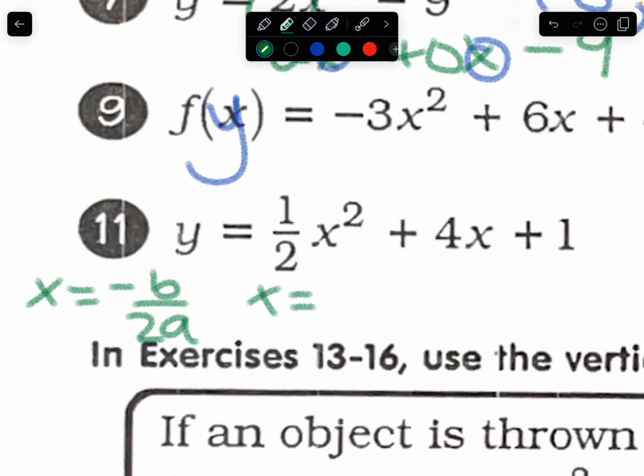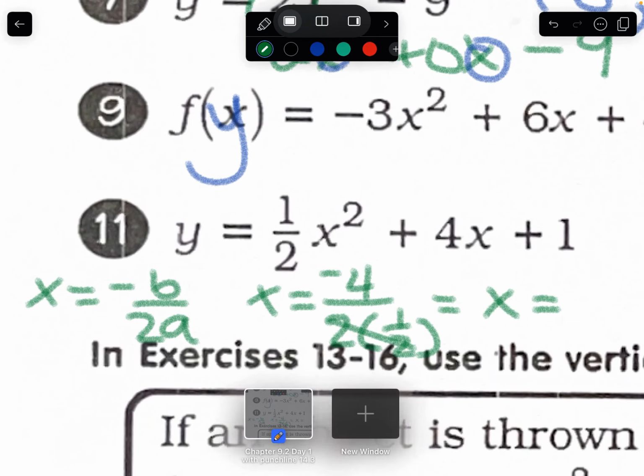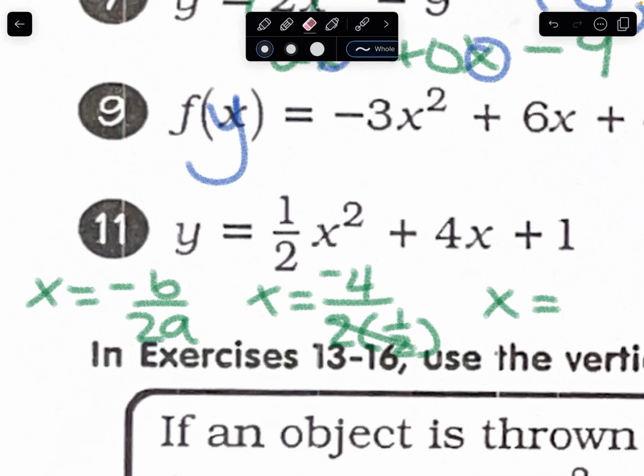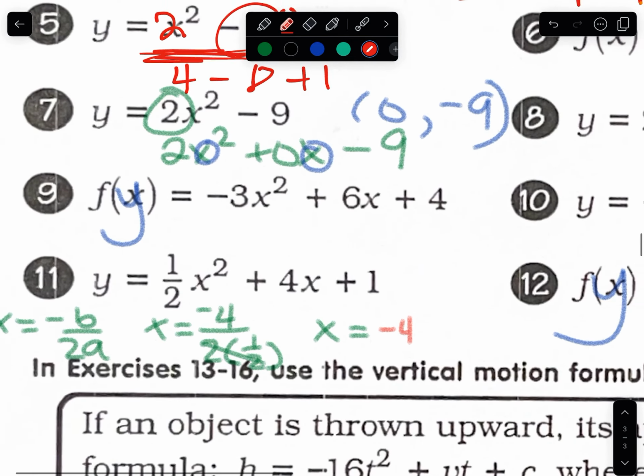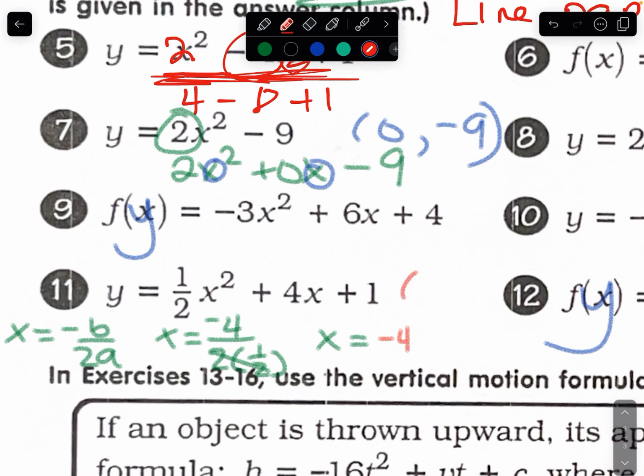So x equals negative 4 over 2 times 1/2, which makes it a 1, so basically x equals -4. Okay, that's your axis of symmetry. And then your vertex is -4, comma. Make sure I can read the work.